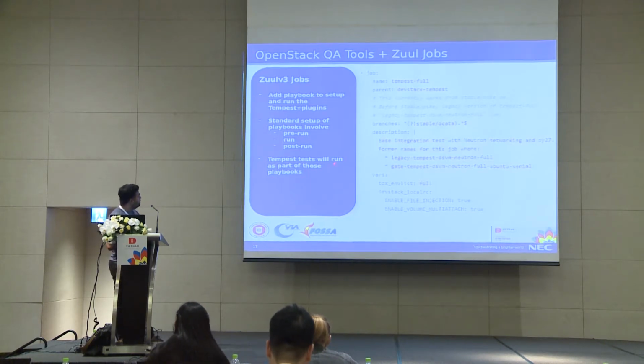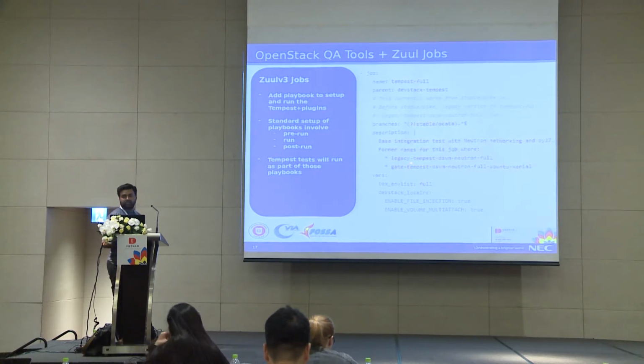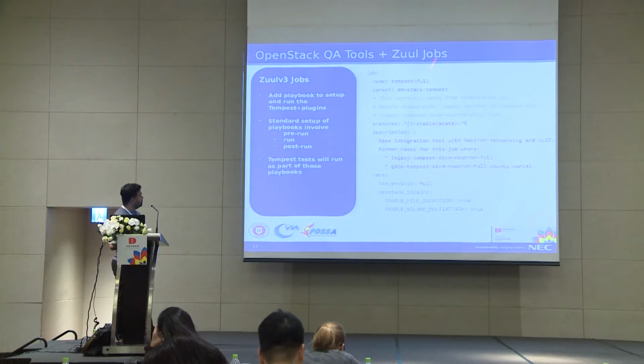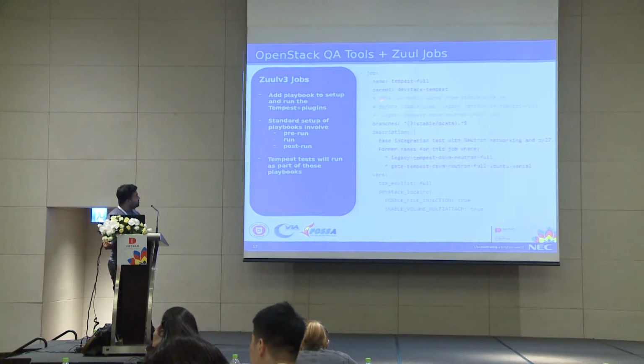This is one example of the Tempest full job we have, which is executed as integration and gate testing upstream. This is the base job where you can find the pre-run, run, and post-run. If you go to the Tempest repository, you can find this base definition. Otherwise, you can define variables, like which tox environment you want to run.